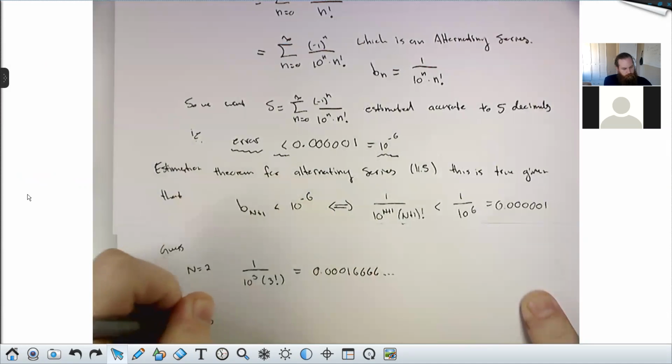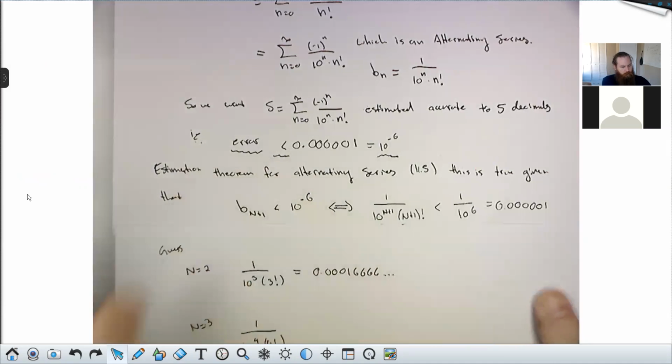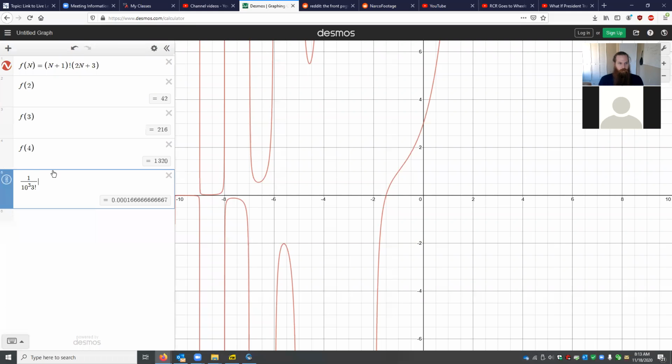If n is equal to 3, then we'll have 1 over 10 to the 4 times 4 factorial, which is starting to get there. So that's 0.0000416666.